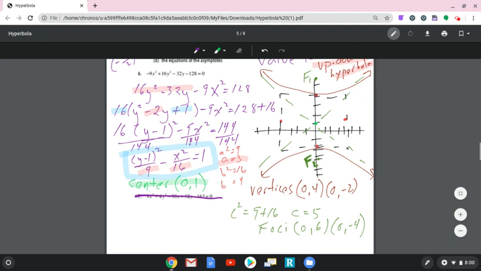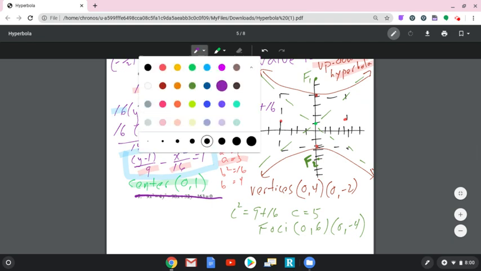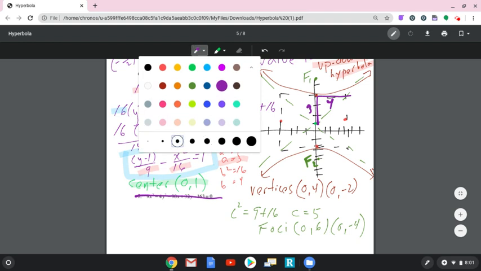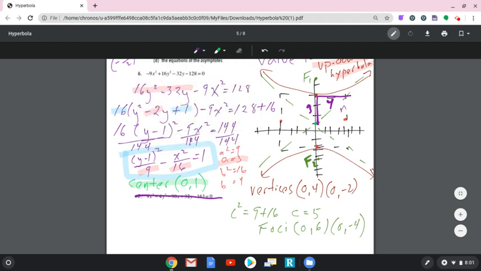I need my slopes. Let's look at our slopes. I'm going to highlight it. I go up 3 over 4, so the slope of this asymptote is 3 over 4. The only difference from my other asymptote is that I'm going left 4, so the slope of the other asymptote is negative 3 over 4.